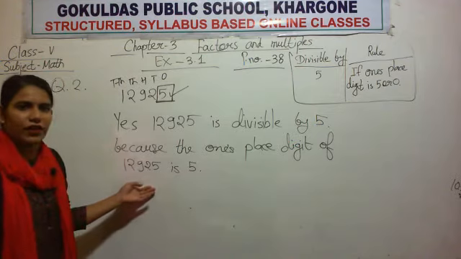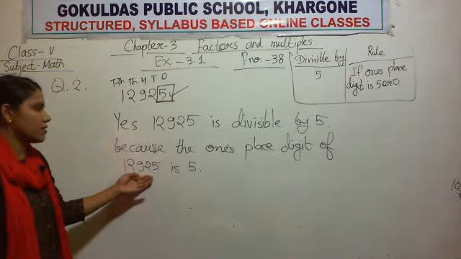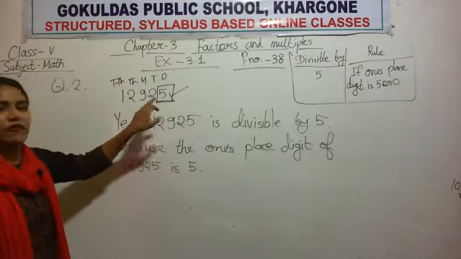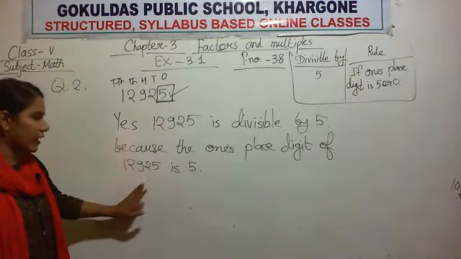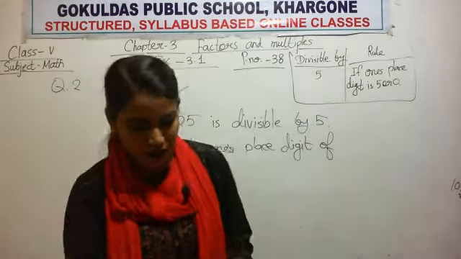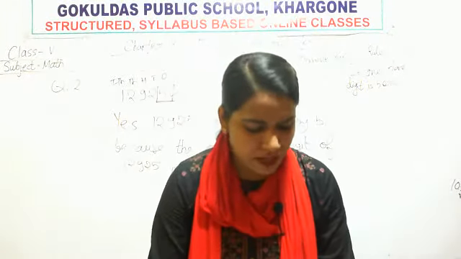So we have given our reason also. That is why we can conclude that this number is divisible by 5. Okay, let us move to question number 3.